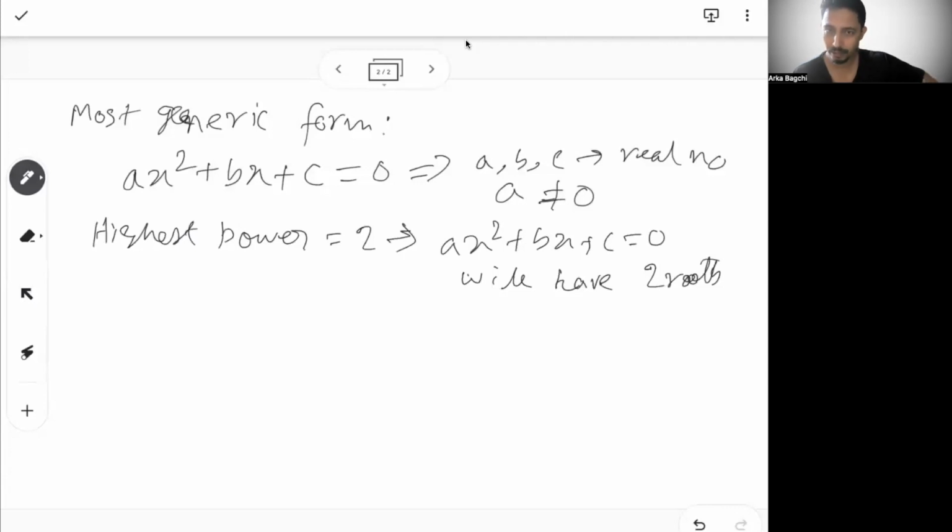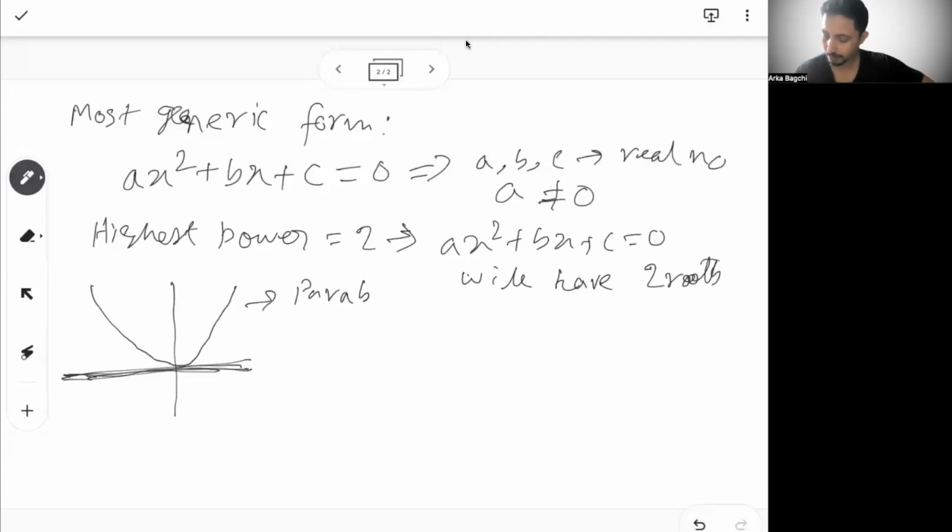How is it given geometrically? In a geometric way, a quadratic equation takes the shape of a parabola, where you consider it touching the x-axis here.